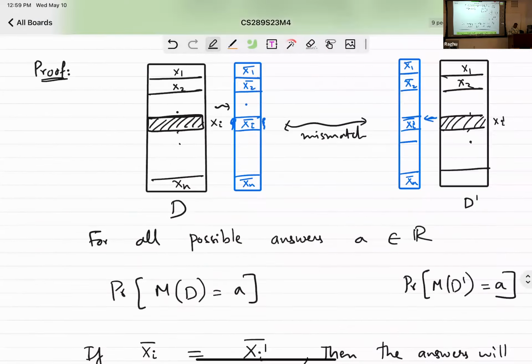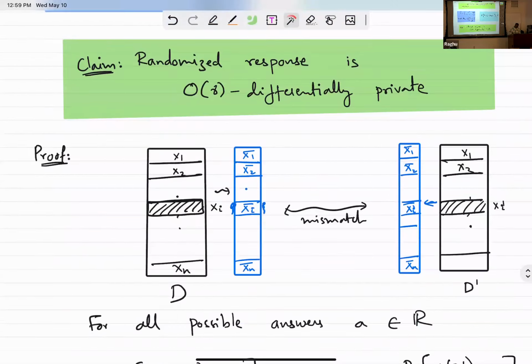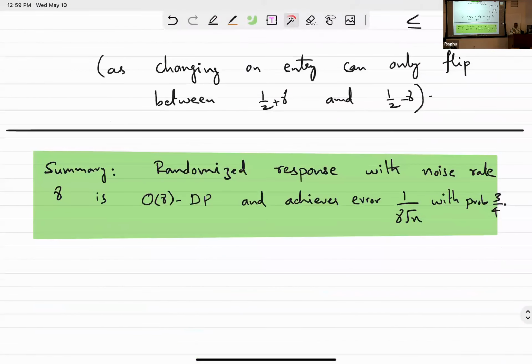Okay, so remember, we also have some control on the error deviation. The chance that the error is more than this 1 over gamma times square root n is 25%. Again, this 3/4 is like a rough benchmark. You can tweak it further. If you want it to be 9/10, instead of having 1 over gamma root n, it would be some other number here. But let's just pick something so that we can compare stuff.